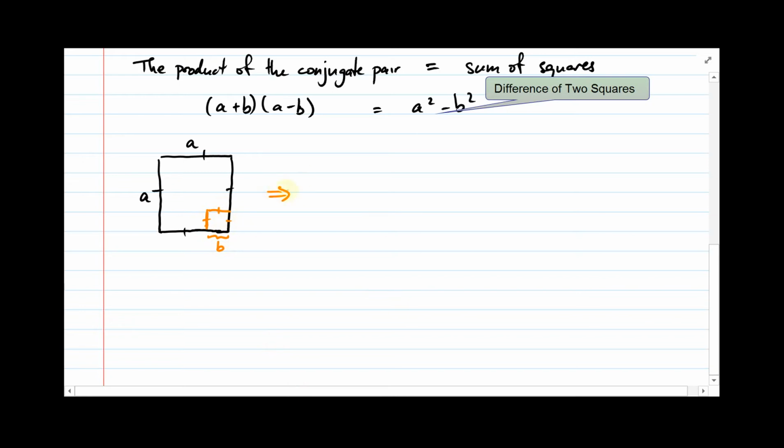I want to find the area. The actual figure is really a big box with a small square removed. So I want to find the area of this.